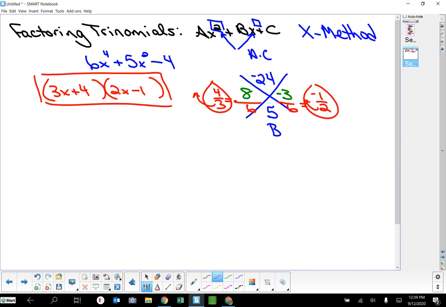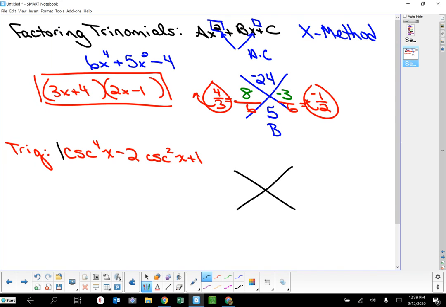All right, well, let's do a trig example. We're going to start with cosecant to the fourth of x minus 2 cosecant squared x plus 1. There's not a lot of numbers in here, but here's my X. My a is 1, my c is 1, so that's 1.